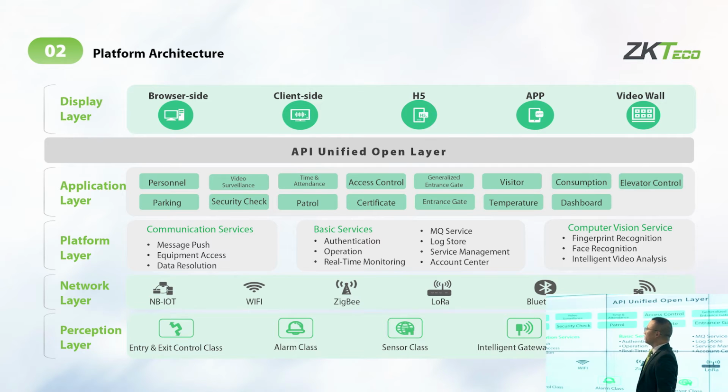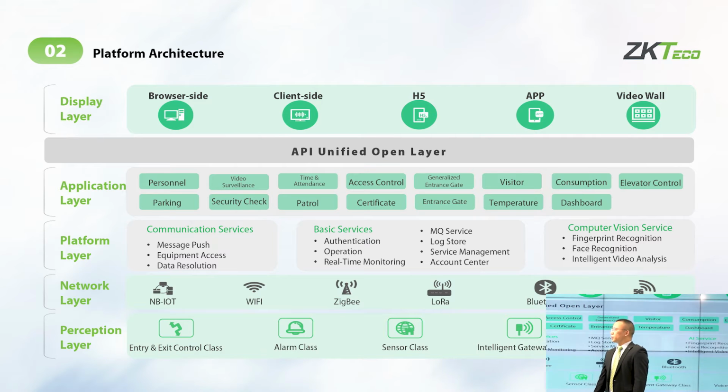This time in the ZKBioCV security, this new platform, we add the AI service and MQ service in the platform, and for the application layer, we add video surveillance and also intelligence analysis. All this advanced technology is inside.